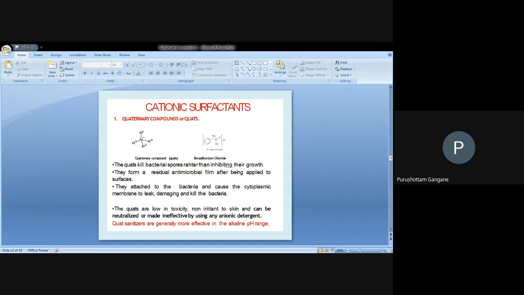In this way they act as bactericidal, and due to this nature they may also damage human cells, so they are considered toxic in nature. But quat sanitizers are generally more effective in the alkaline pH range. They are mostly useful in the alkaline pH range.